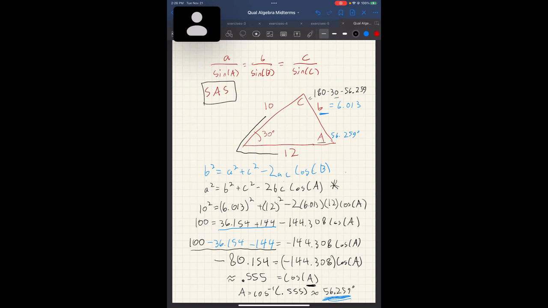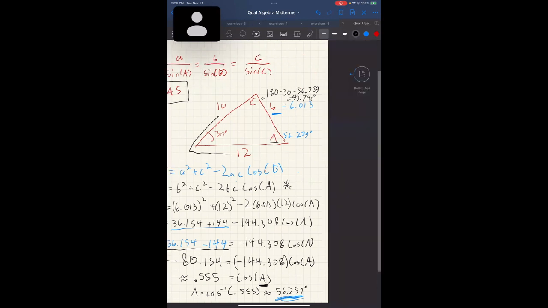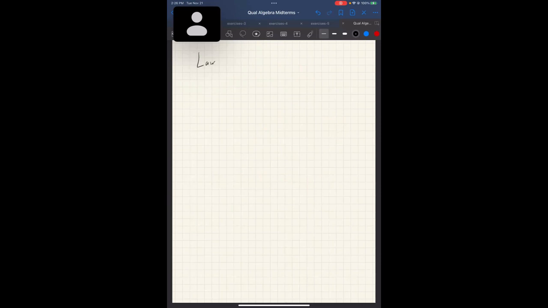And this gave me 93.741 degrees for angle C. So with the law of cosines, we were able to go from having side, angle, side to get the missing side. Then we went from knowing all three sides to getting the missing angle.